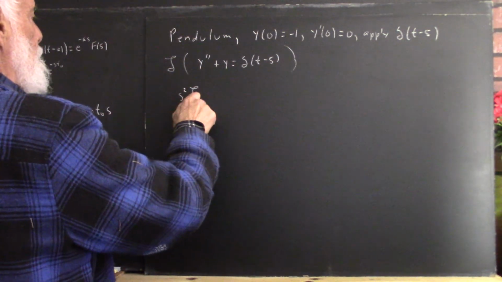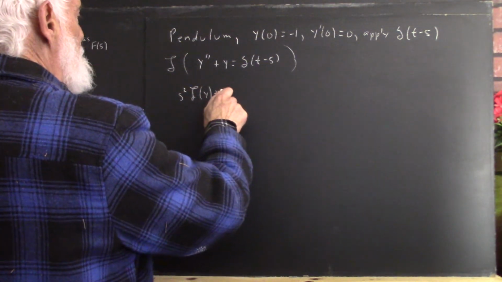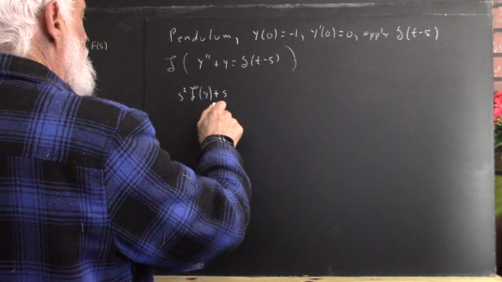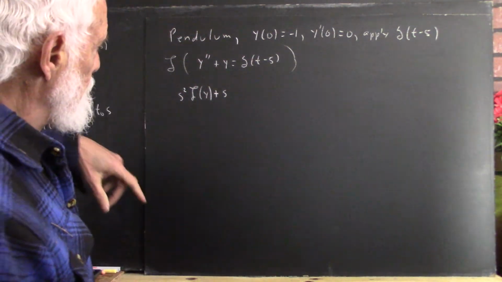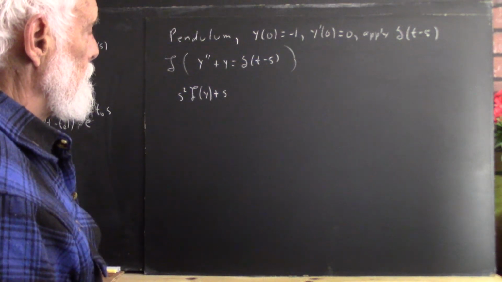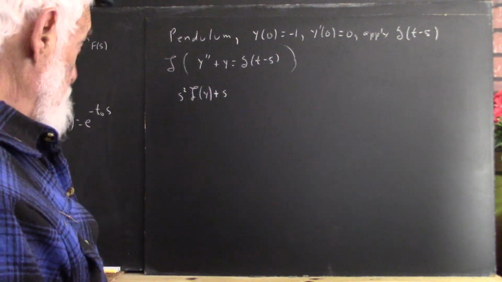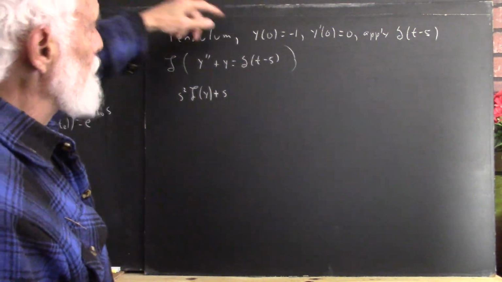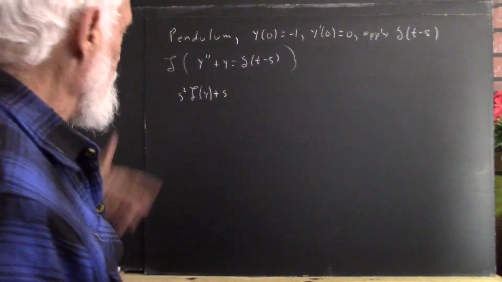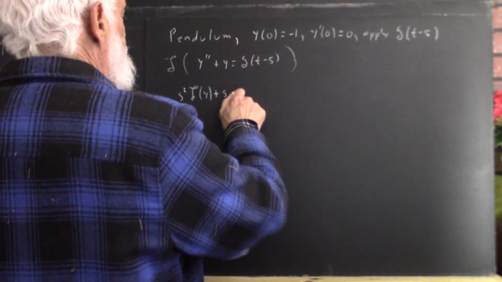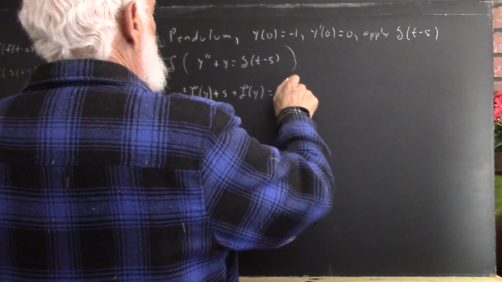So you get s squared L of y plus s, because it's going to be plus the s times y of 0, and then plus, of course, the y prime is 0, but that's 0. Okay, then plus L of y equals e to the negative 5s.